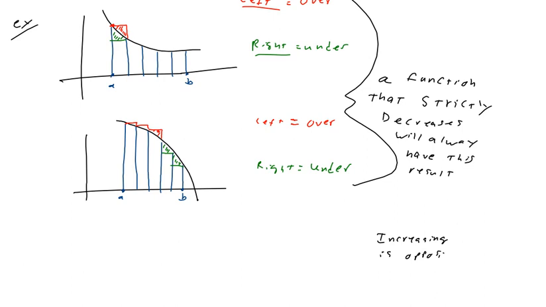Right, so if you have a function that is increasing like this from A to B, again, your left side is always going to underestimate now. Left side is under.